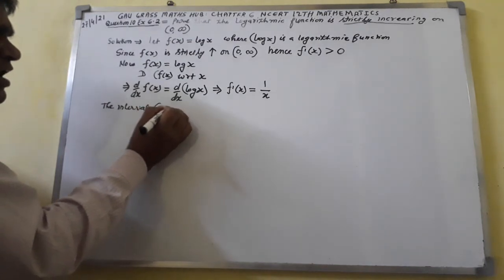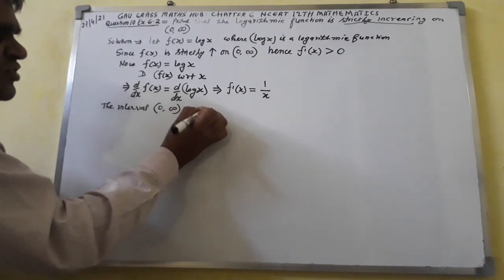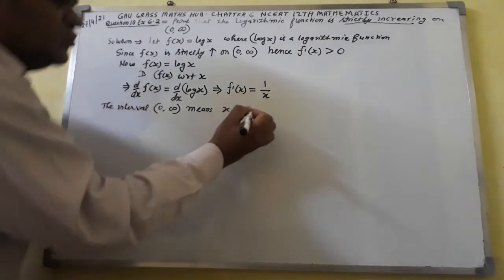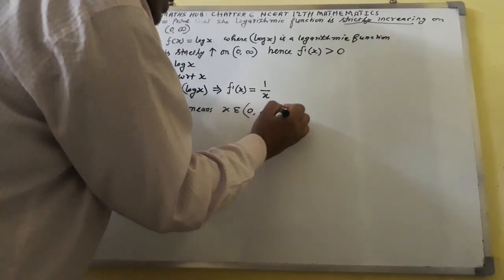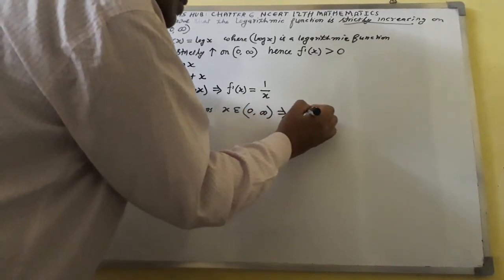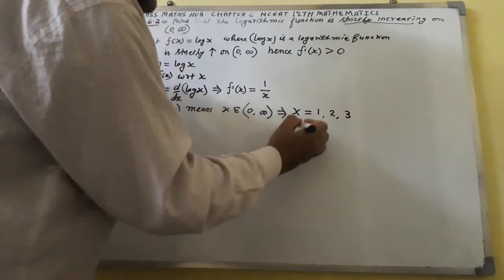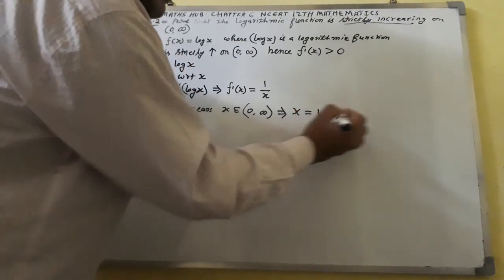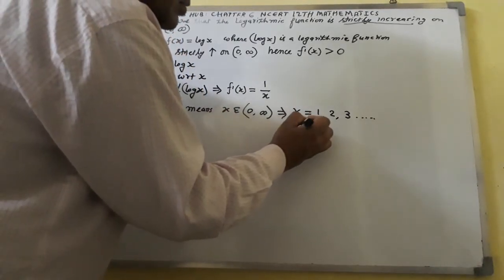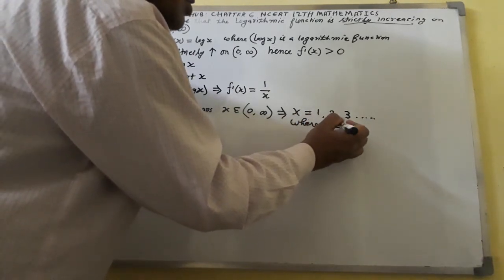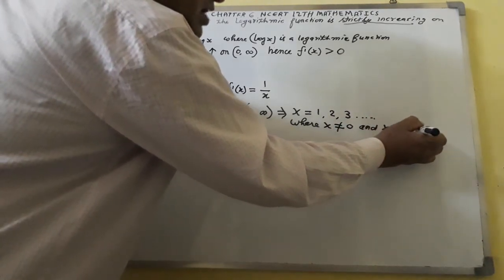Open interval 0 comma infinite open interval means x belongs to open interval 0 comma infinite, implying that the value of x equal to 1, 2, 3, dot dot dot, where x is not equal to 0 and x is not equal to infinite.